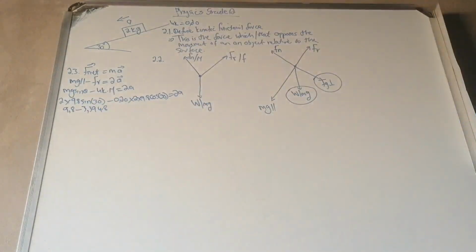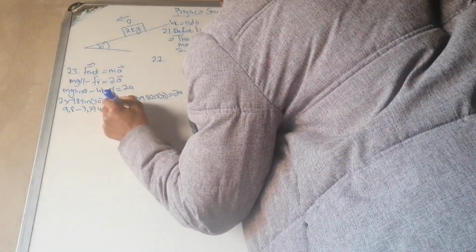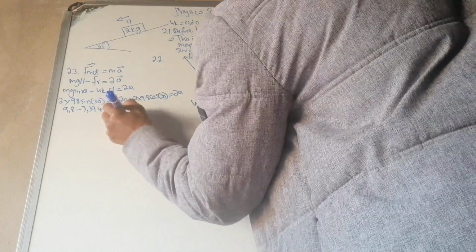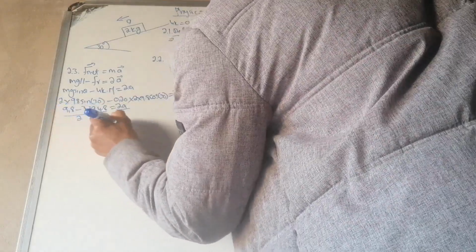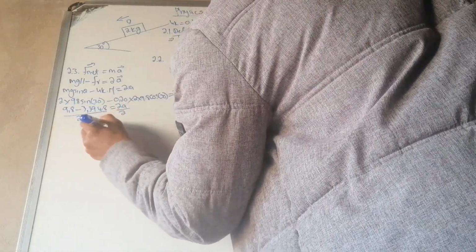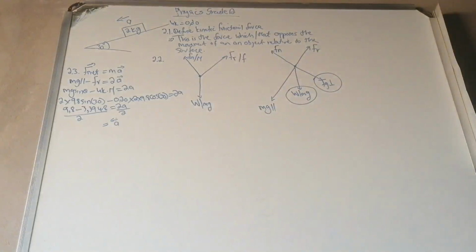3.3948, taking 4 numbers after the comma, and this will be equal to 2a, and I can simply divide by 2 and get my acceleration as a vector, and it will tell me exactly what the answer is.